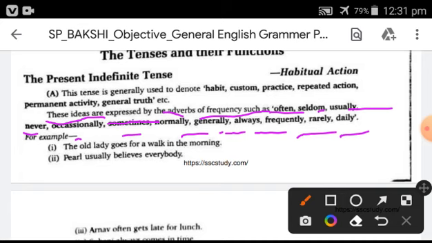I have made a video on adverbs further. You can go and watch there. These are the words which help you in determining whether the sentence is present indefinite or any other.